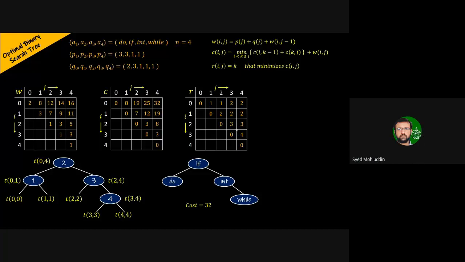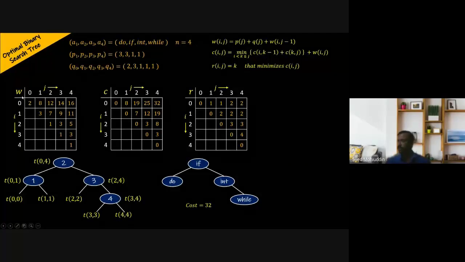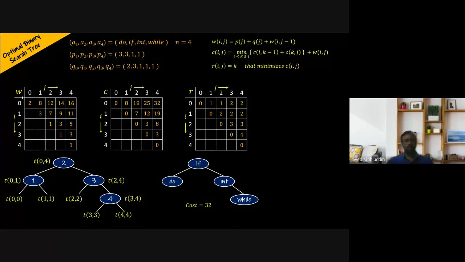Now the textbook which is prescribed in the syllabus has taken a different approach to computing the table. For the sake of simplicity, I have taken three different tables for W, C, and R. But the prescribed textbook has computed all these values in one matrix, and each cell contains its C, its W, its R value.